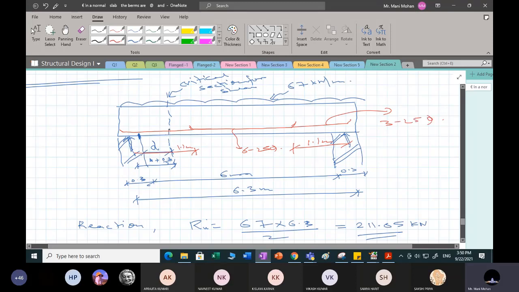At the critical section, located at a distance of 0.69 meter, you have only 3 20 dia bar. So when you compute the shear resistance of concrete, I have to consider 3 20 dia bar only, because when I compute 100 AST by BD, that is the percentage tension reinforcement, at the critical section I have 3 20 dia bar.